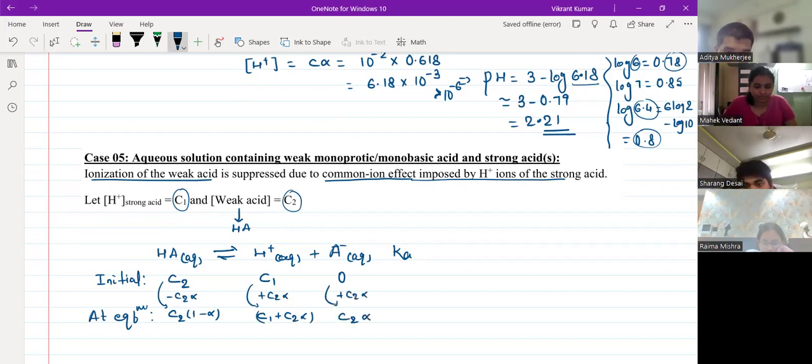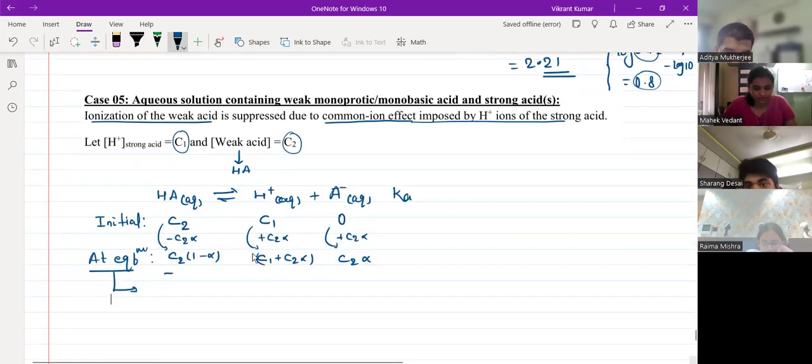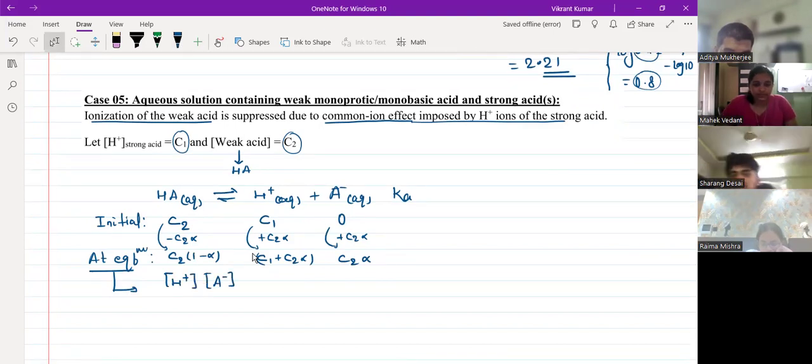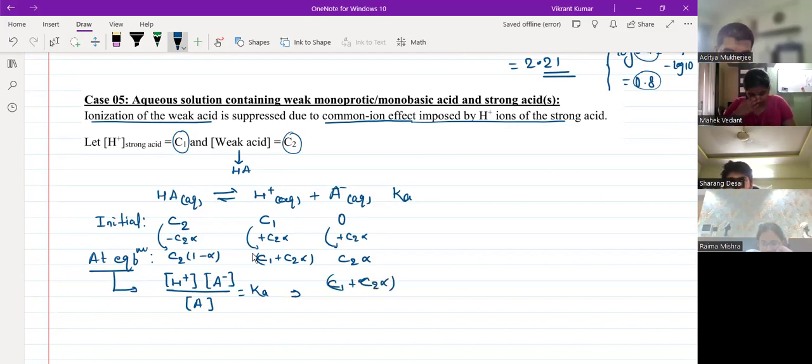Now at equilibrium we can write K equals Q, so we are writing H plus into A minus upon HA is equal to K of HA, and that's why this will become C1 plus C2 alpha into C2 alpha upon C2 into 1 minus alpha is equal to K.